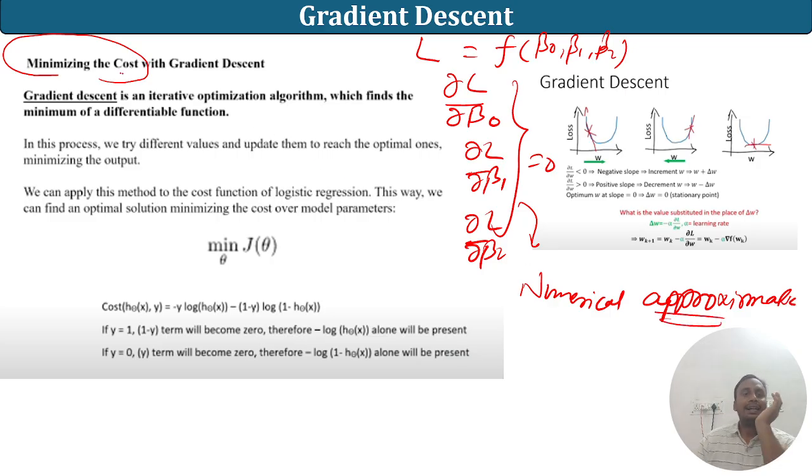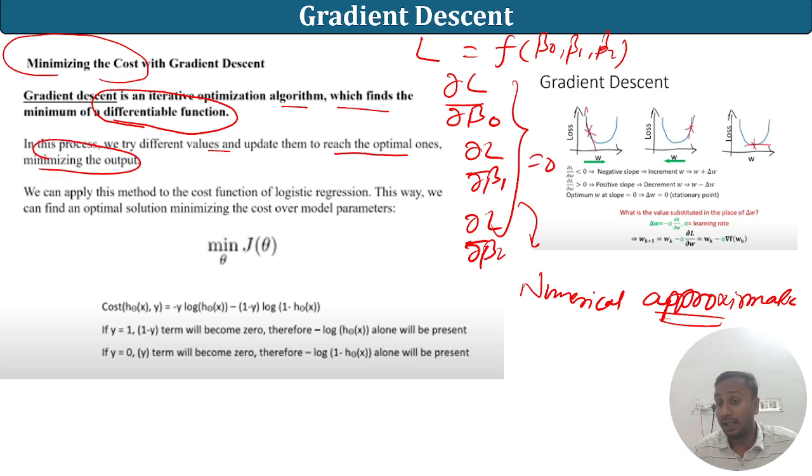Gradient descent is an iterative optimization algorithm which finds the minimum of a differentiable function. We have a cost function, an optimization problem that we have to minimize. In the process, we update the values to reach the optimal ones, minimizing the error: the minimum of J theta.